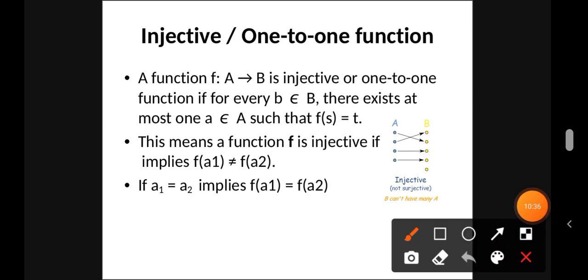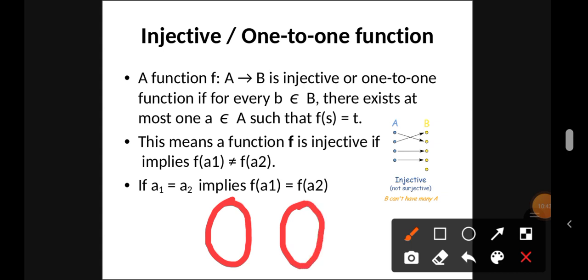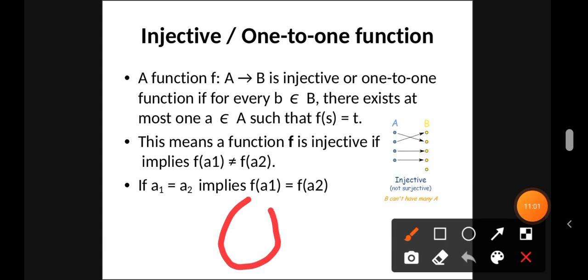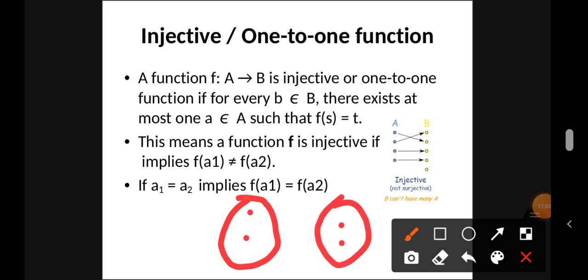For example, suppose we have values here and another set of values here, and there are two elements, and here we have a relation and here we have a relation, and this is a one-to-one relation. Suppose both these elements have the same value, then this is x1 and this is x2.